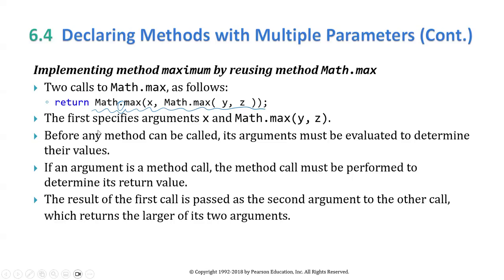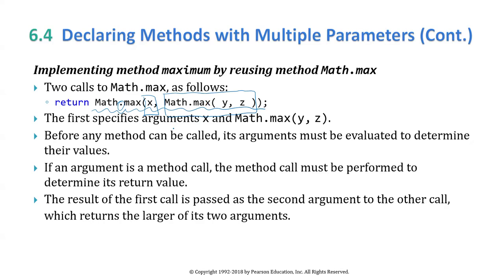The first specifies arguments x and Math.max(y, z). That means here we are trying to decompose this nested comparison of the max value. Here we separate this one and this one. We are comparing x with Math.max of y and z.